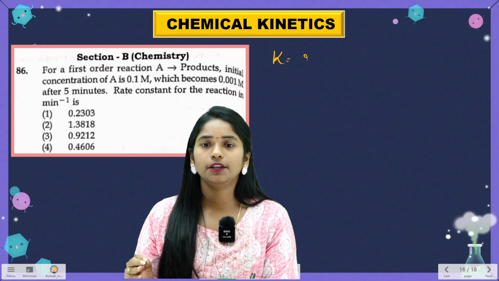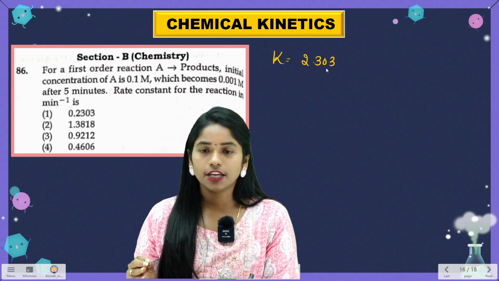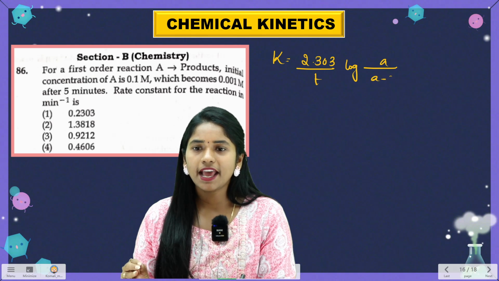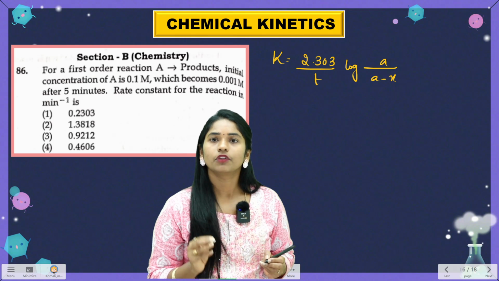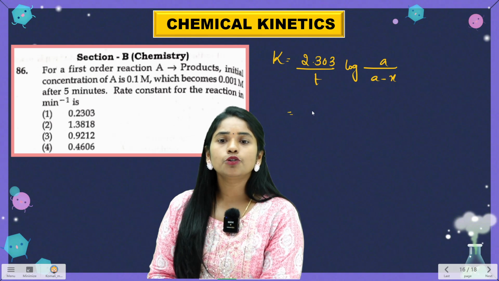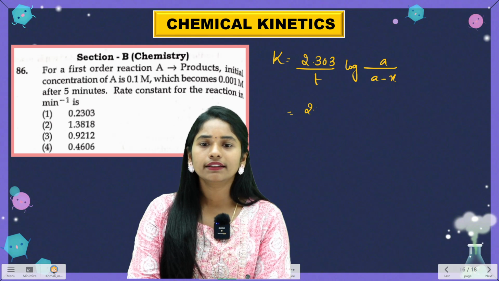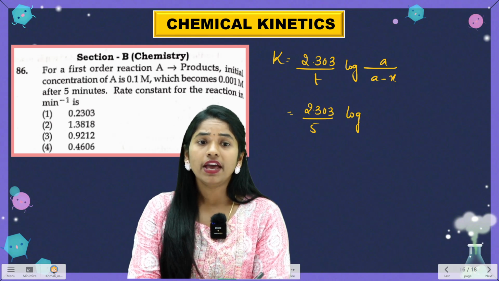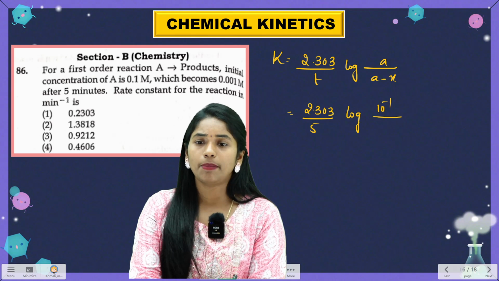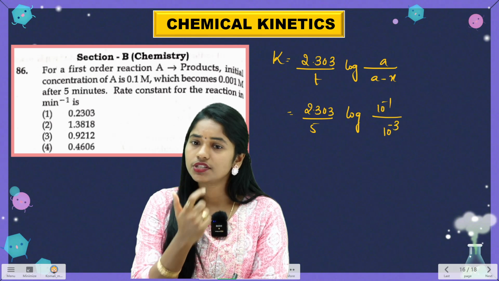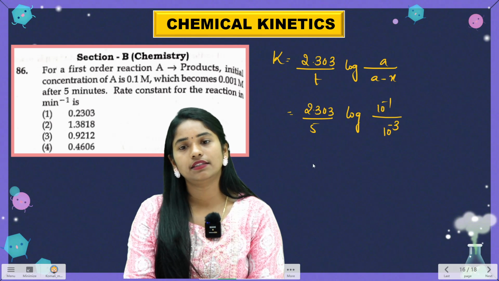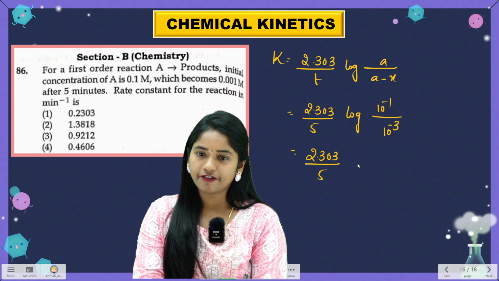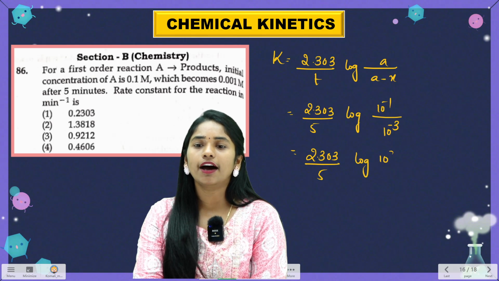What is the first order formula? K is equal to 2.303 by t log of a by a minus x. Now in this, 2.303 by time which is 5, log of initial concentration 10 power of minus 1, final concentration 10 power of minus 3. Then it will be 2.303 by 5 log of 10 power of 2.